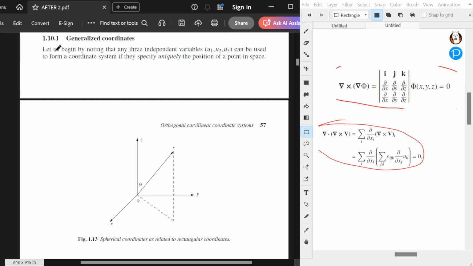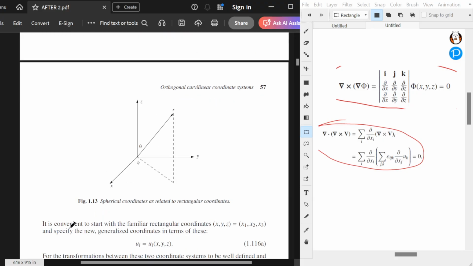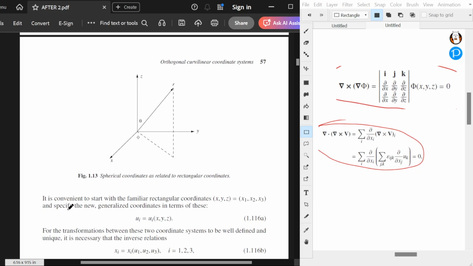Let us begin by noting that any three independent variables, u1, u2, u3, can be used to form a coordinate system if they specify uniquely the position of a point in space. I'm fine with that, yeah. It's convenient to start with the familiar x, y, z and specify the new generalized coordinates in terms of these: u_i equals u_i of x, y, z.